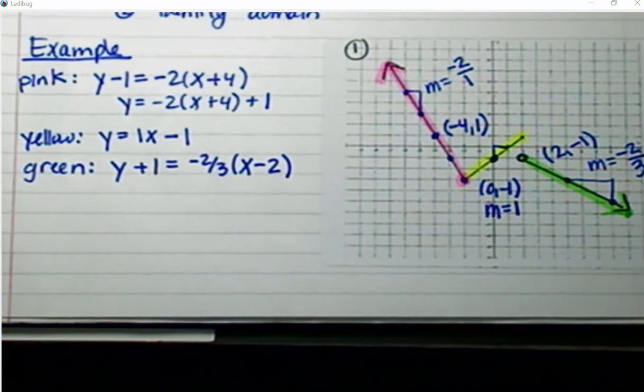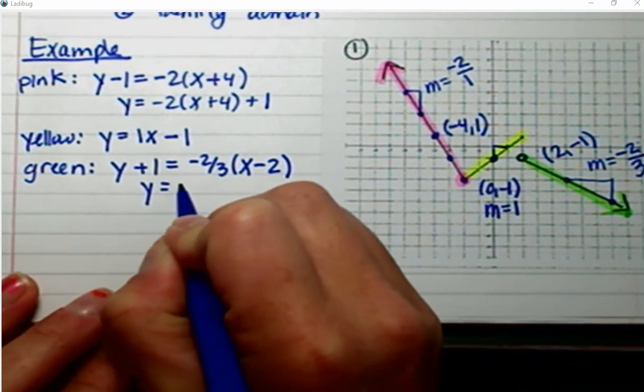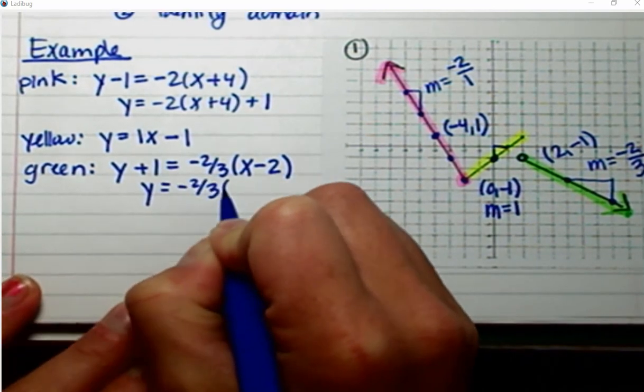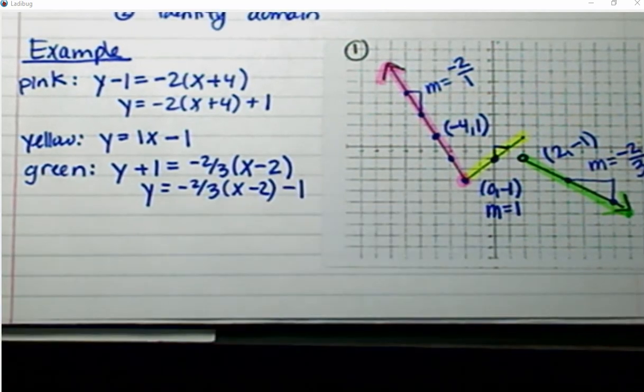That's just how I've conditioned myself to say the equation. I am going to put it in y equals format though, and move the 1 to the other side. And I'm not going to distribute because I don't really feel like distributing the negative 2/3.